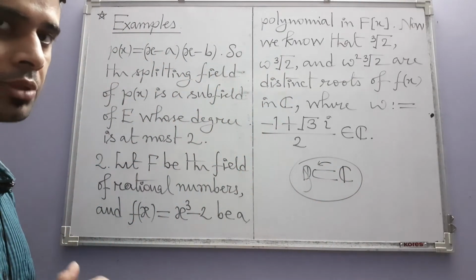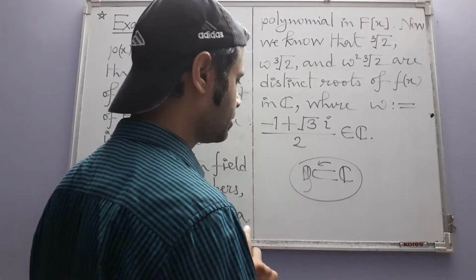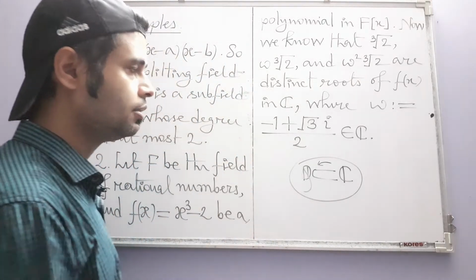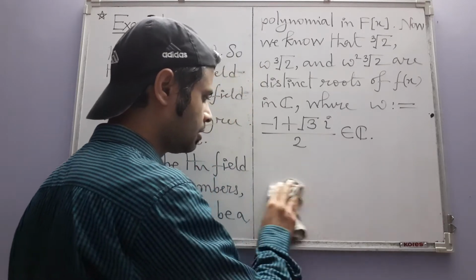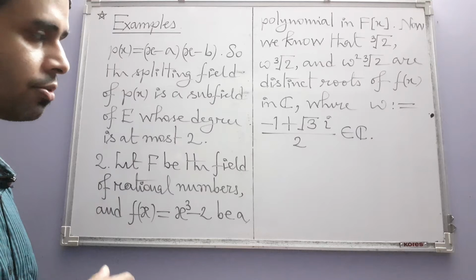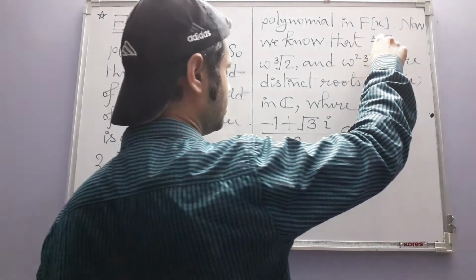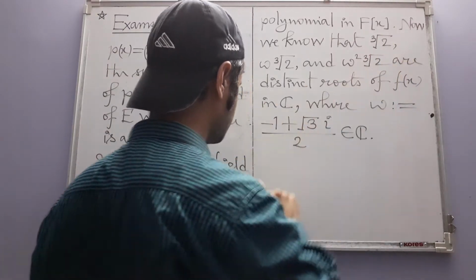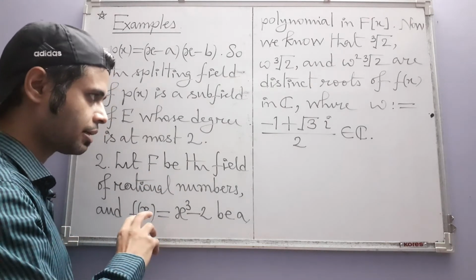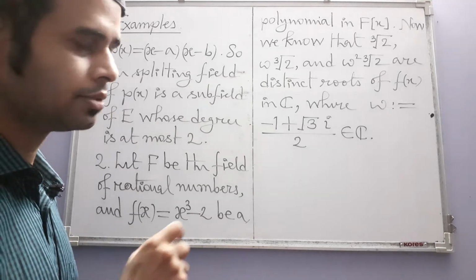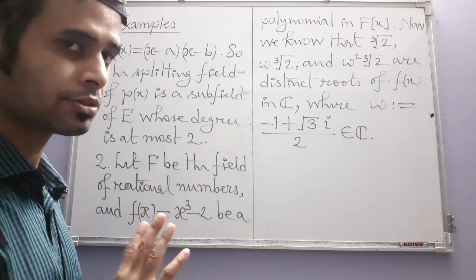So we now need to say something about the splitting field. We know one thing for sure, that whatever the splitting field is, it must contain these three roots. Now, without actually going through the process of systematically finding the splitting field, that is, by attaching these roots to the base field f of rational numbers in steps and trying to find the smallest one that would contain all the three, we are not going to do that. The author has not done that.